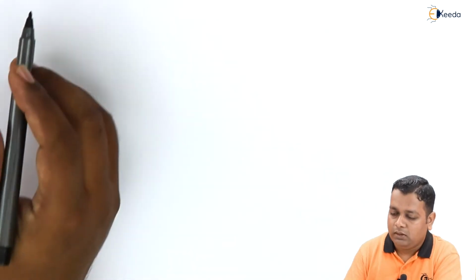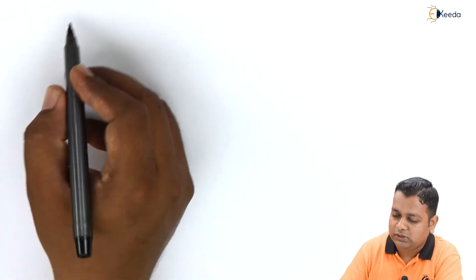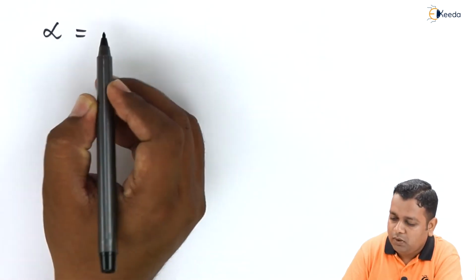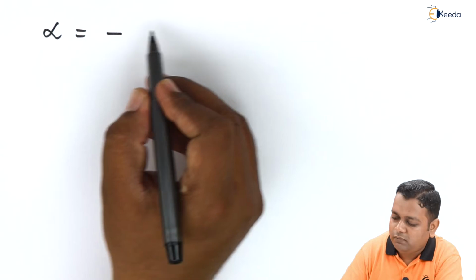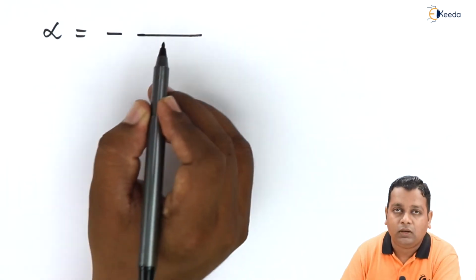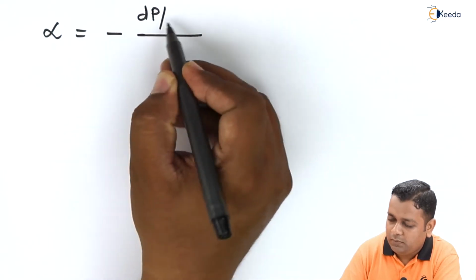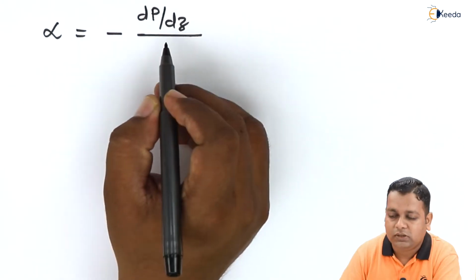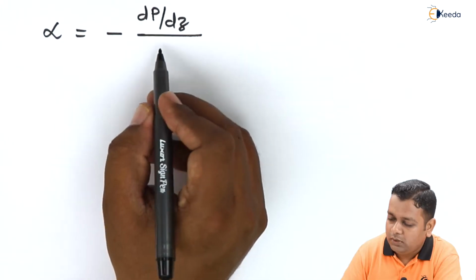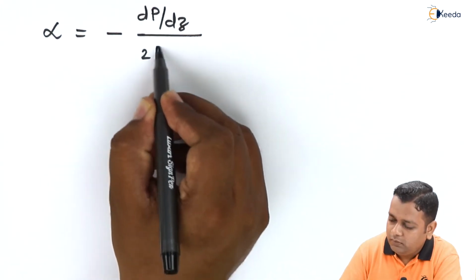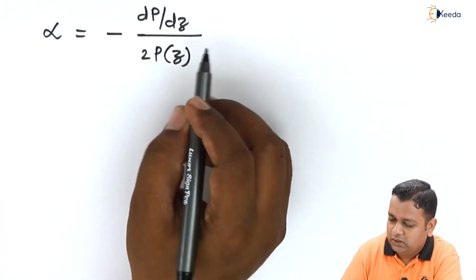Now the attenuation constant with respect to these power calculations can be expressed as alpha is equal to minus of a ratio where the numerator is the differential capital P divided by differential z, and the denominator is twice of P as a function of z.